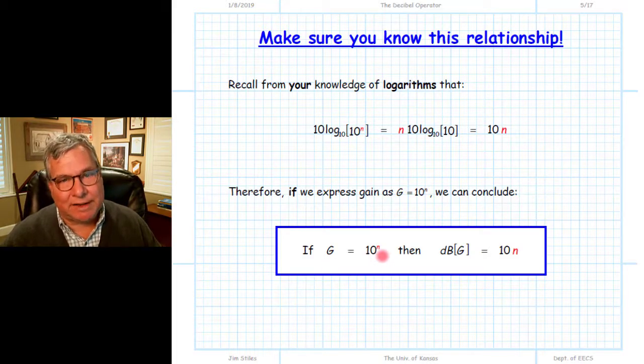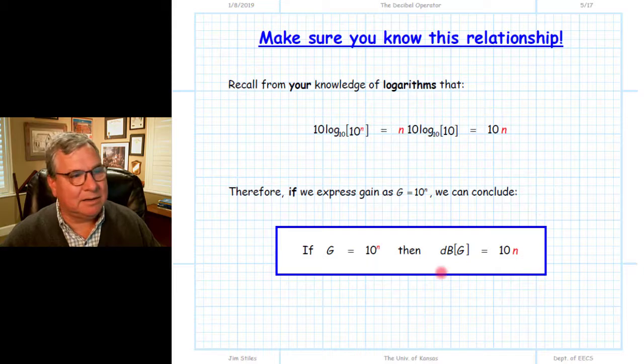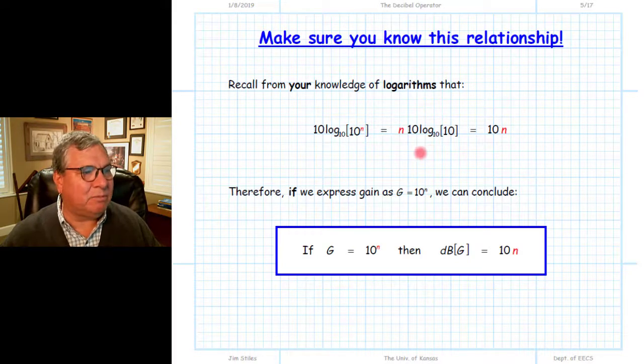It wouldn't be an integer value, but it is a value. And if we know that value of n, we simply multiply it by 10 to get the value of gain in decibels. Of course, in the case of 26.7, if I want to know the value of n, I'd find it by taking the log of that 26.7, which essentially is what we do in the decibel operator. So that would be helpful.